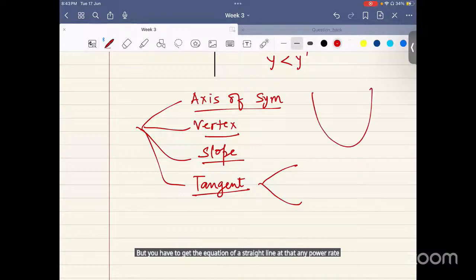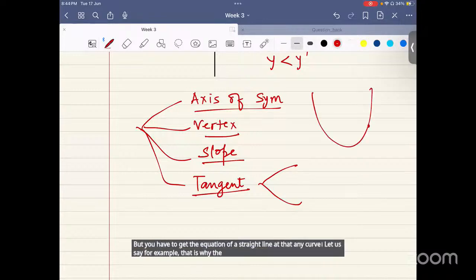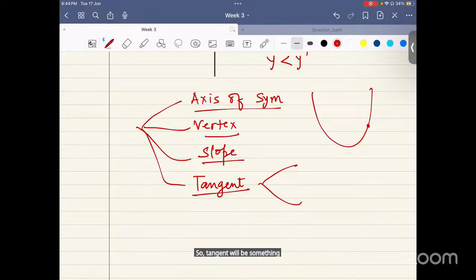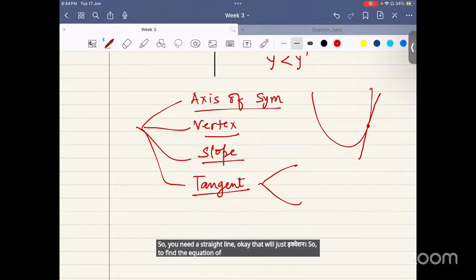For example, this was your curve, and you need a tangent at this particular point. You can calculate directly the slope at this point. So you need a straight line that will just touch the curve, touch and go.